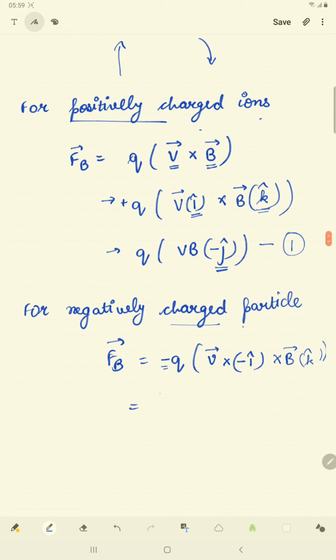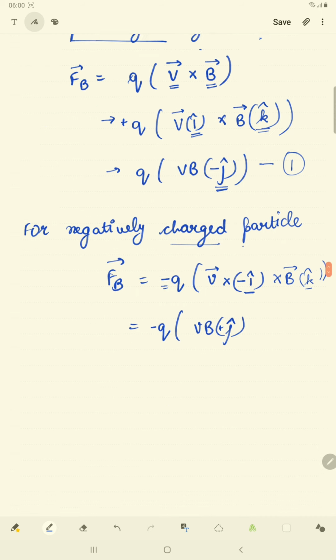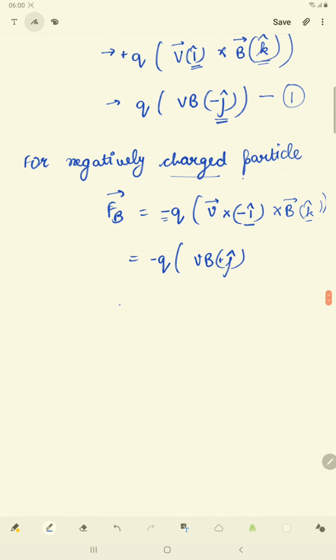Now we have it as negative Q into V B, and minus i cross k cap gives us positive j cap. Now since we can write this negative sign with the direction, we get Q V B into minus j cap. Now minus j cap symbolizes that the negatively charged particle would also travel in the negative y direction.